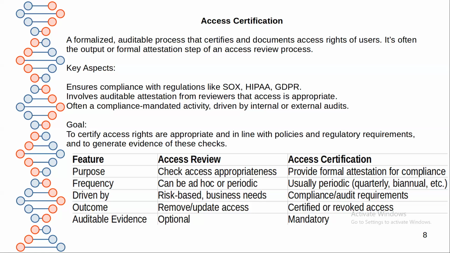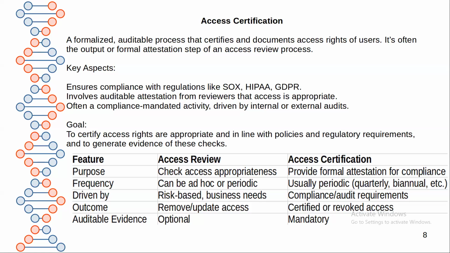It could be quarterly, biannually, annually, whatever it may be, as per your business requirement. Access reviews are driven by risk and business needs, whereas access certification is driven by compliance and audit requirements.